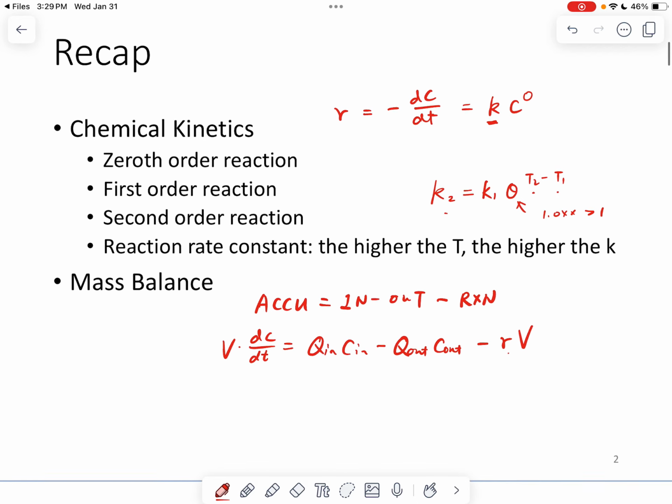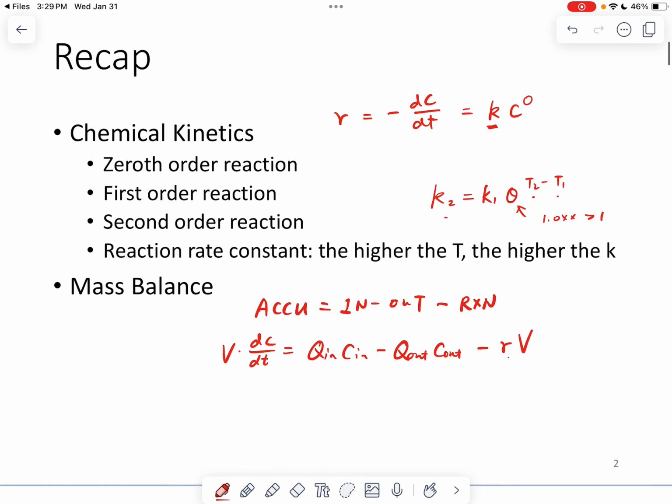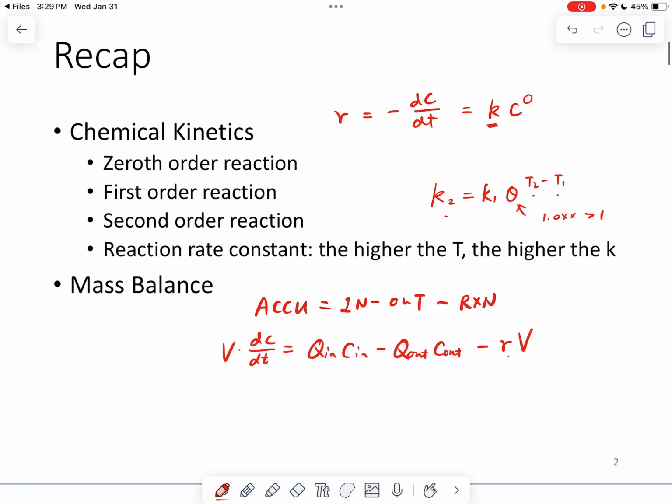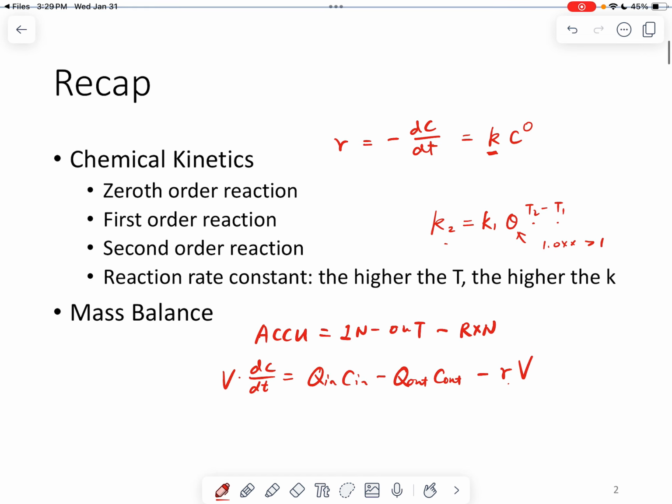One thing we didn't do is find out the units on both sides. In order for this equation to work, we have to make sure that the units on both sides are consistent.